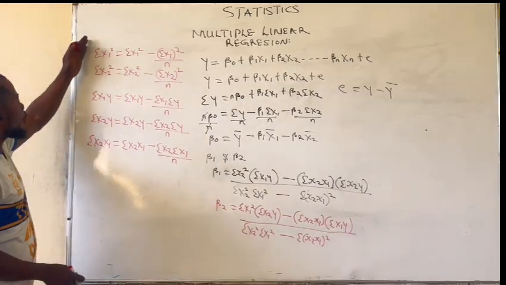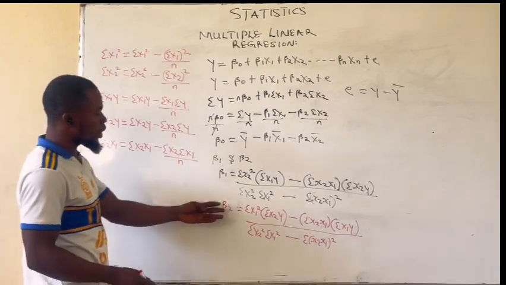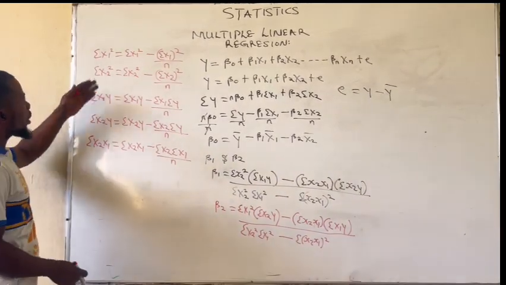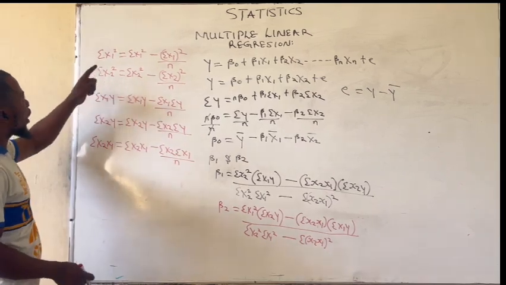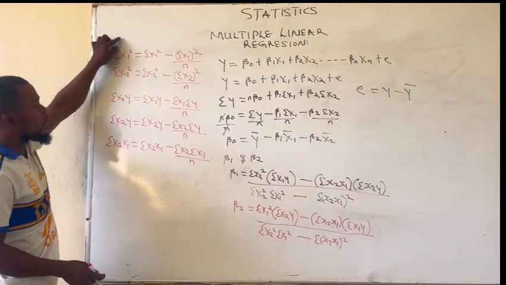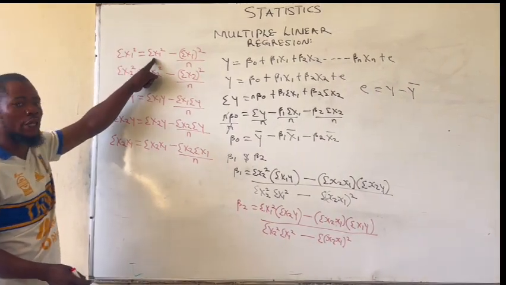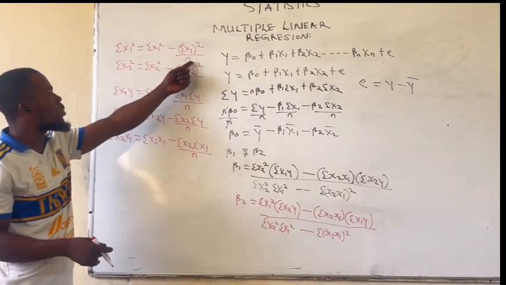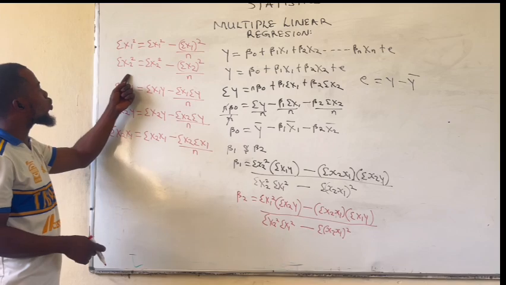So these are what we need before we can substitute in this formula. It's very easy, no cramming. If you are doing x1 square, you bring the same summation of x1 square here, then minus summation of x1 all square divided by n. The same thing for the x2 square.